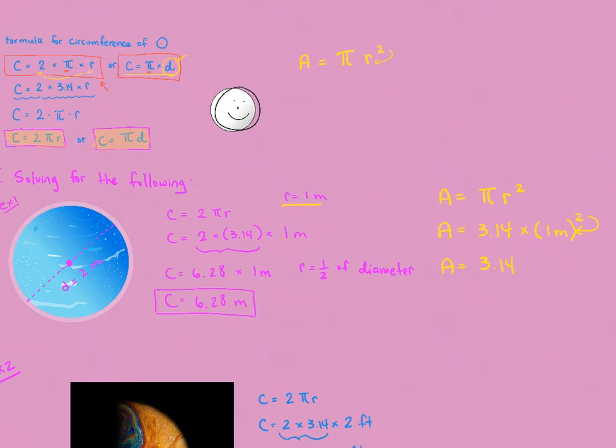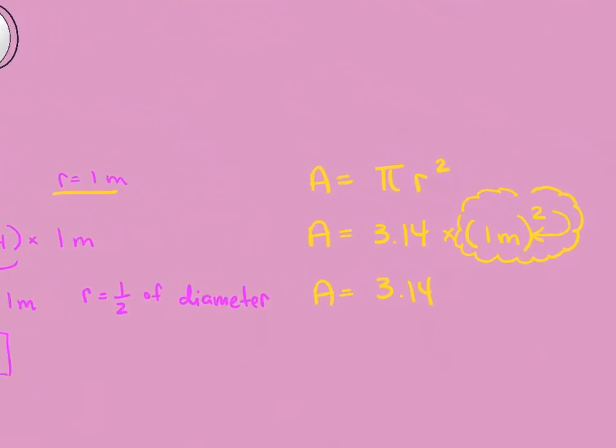So it's going to be area is equal to 3.14. And then what happens when you take 1 meter, so you take 1, what's 1 to the second power? What's 1 times 1? So 1 to the second power is 1, which is 1 times 1. So it's going to be 1 that's going to be down here. But meters is also going to be raised to the second power.